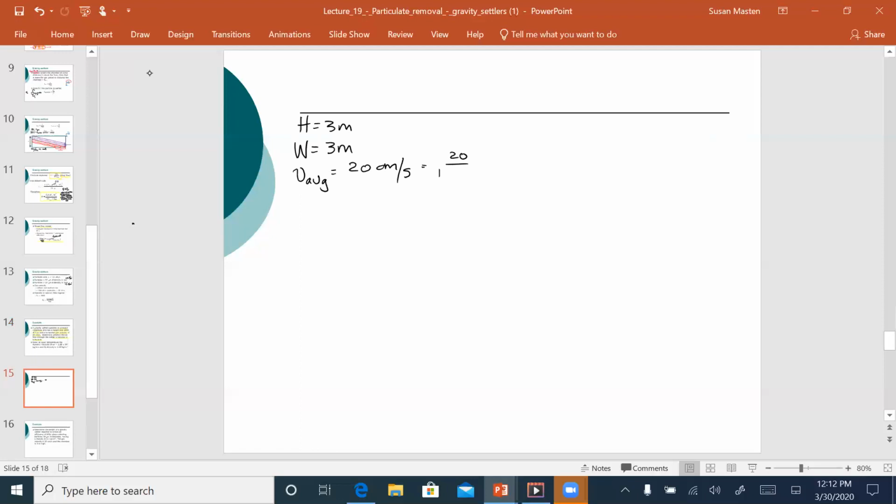It's 20 over 100 centimeters per meter, so that is 0.2 meters per second.